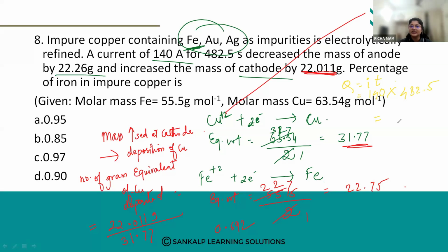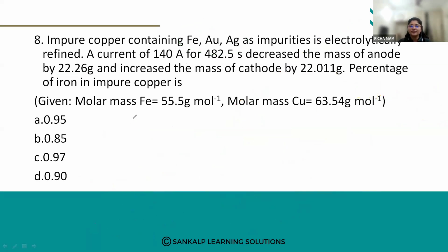Just see how much charge is passed. 140 into 482.5 is 67,550 coulombs. So 67,550 coulombs is passed.